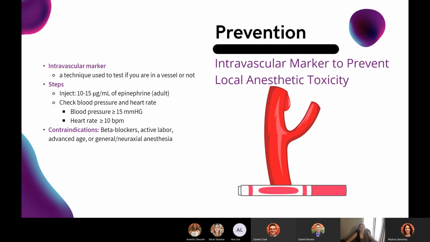There is another way to prevent local anesthetic toxicity, and that's through intravascular markers. Before doing this research, I had actually never heard of this being done in regenerative medicine, but it is an imperfect technique that, if you wanted a little additional information, if you were unsure where you're at, or if you were in a high-risk area, you could use to be sure you weren't in an intravascular space.